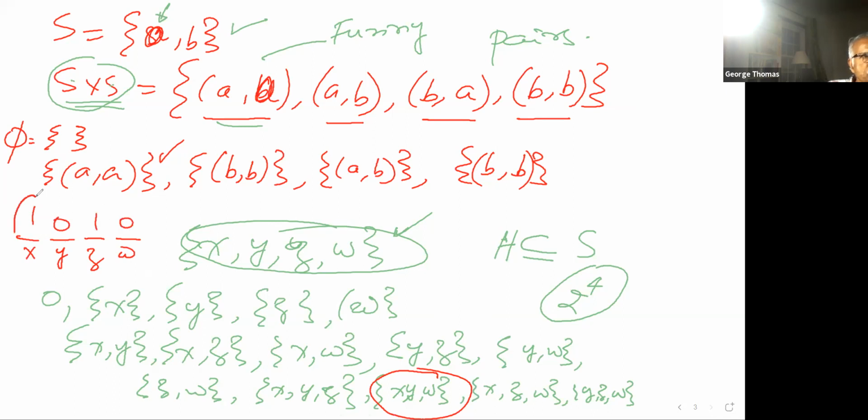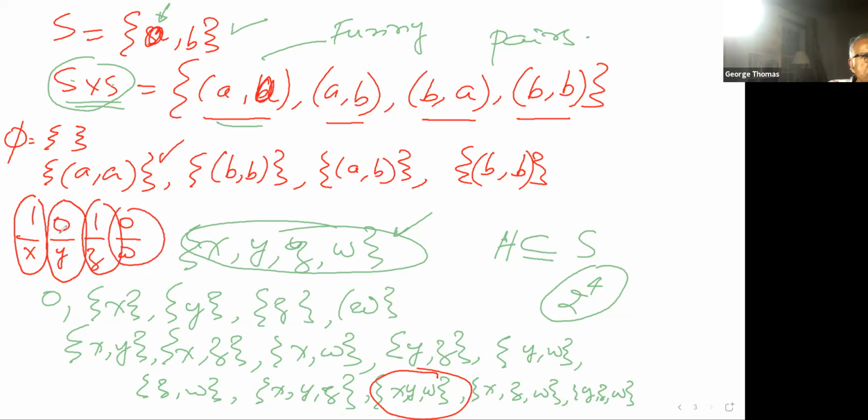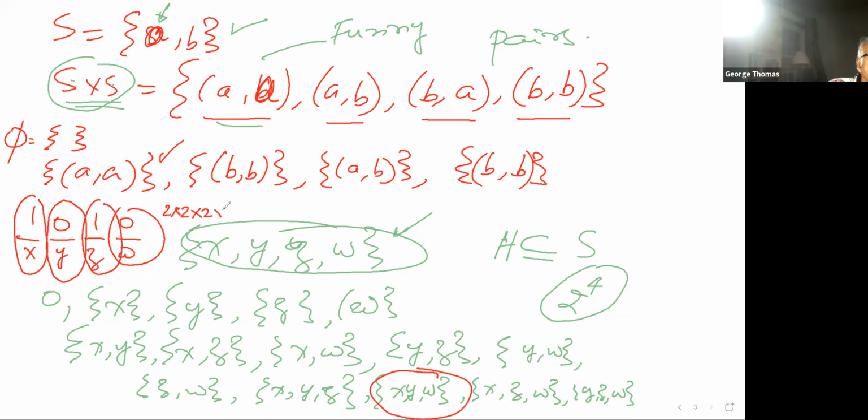How many ways can you fill here? 2 ways. How many ways can you fill here? 2. The total number of strings you can get is 2 times 2 times 2 times 2.